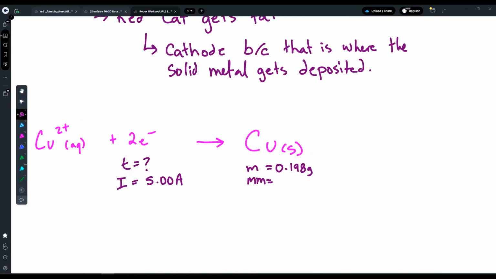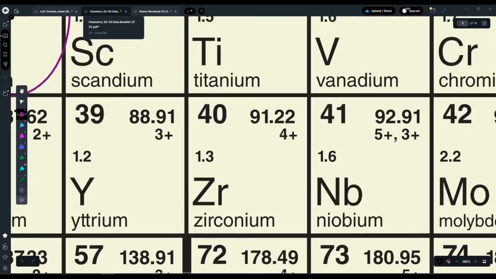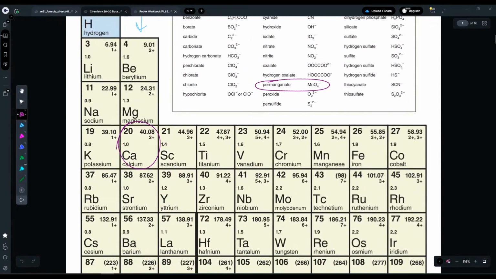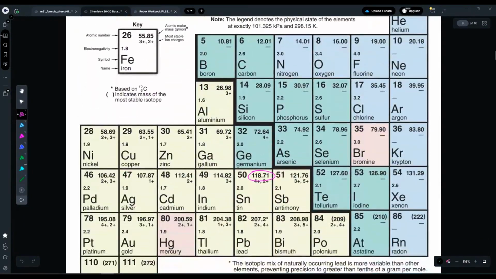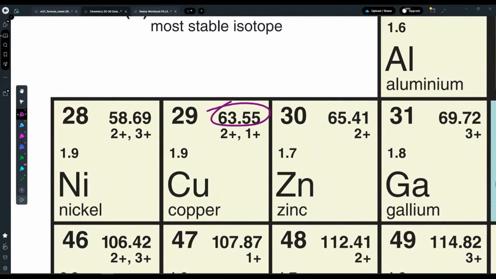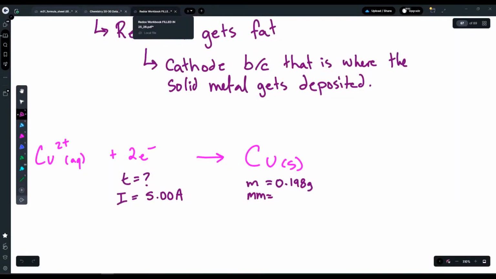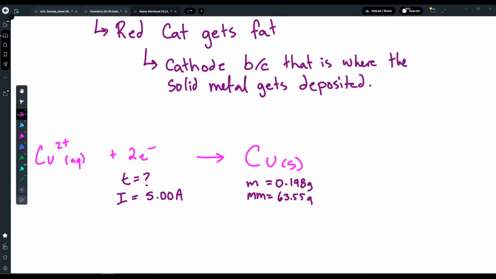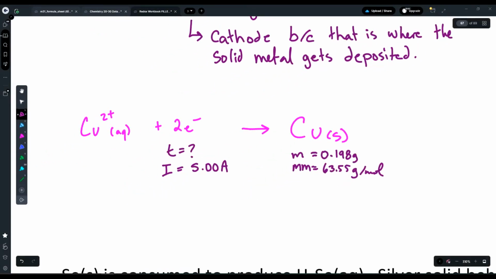Now let's move on to the molar mass for copper. Let's find where copper is. Copper has a molar mass of 63.55 grams per mole. There we go.